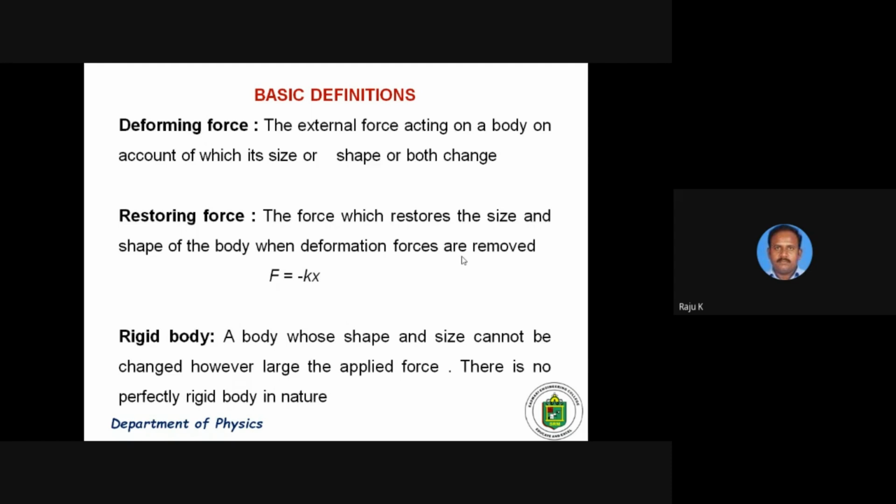From the examination point of view, they may ask 'define restoring force' or 'what is meant by rigid body'. During the lecture session, I will indicate certain portions which will be asked as a 2-mark question, an 8-mark question, or a 16-mark question. நான் அப்பப்போ உங்களுக்கு இன்ஃபார்ம் பண்ணிடுவேன். ஓகேவா? நீங்கள் அதுக்கு தகுந்த மாதிரி 2 marks, 8 marks, 16 marks னு எழுதிக்கிட்டா நாளைக்கு உங்களுக்கு ப்ரிப்பரேஷனுக்கு யூஸ் ஆகும்.